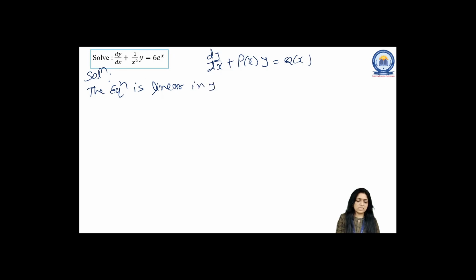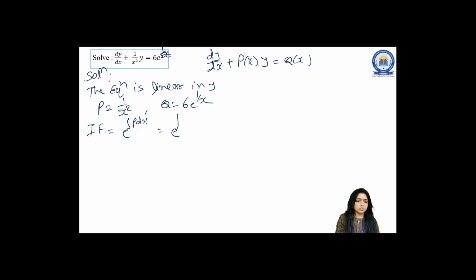As the equation is linear in y, we can say that p, the multiple of y, is 1 upon x square, and q is equal to 6 e raised to 1 by x. So integrating factor is e raised to integral p dx.